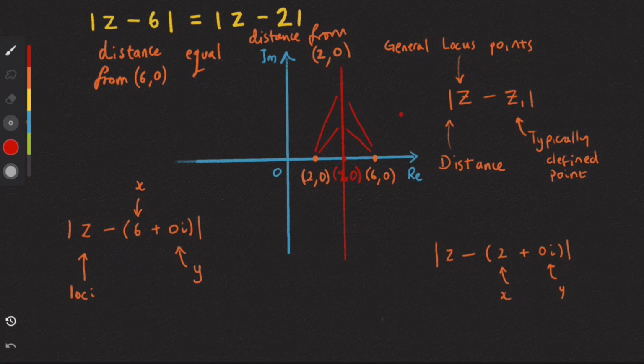You can imagine if we went over here, we're much closer to the 6, 0. And likewise, if we went over here, we're much closer to the 2, 0. The only place where we're going to get satisfaction of our equality is this straight line here, the perpendicular bisector of those 2 points, which is defined as x equals 4 all the way up. And that is why the answer to the question in the multiple choice is x equals 4.